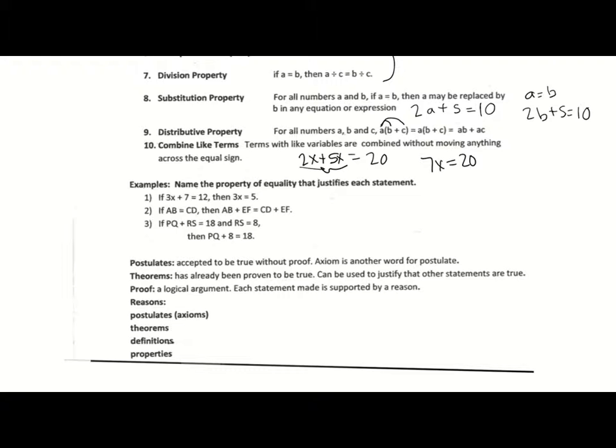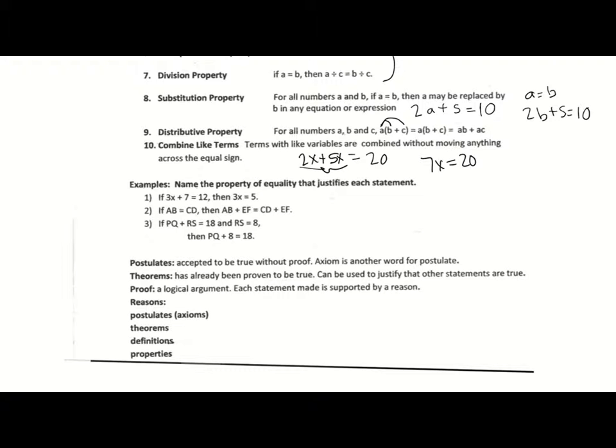Okay, so all these properties should be pretty familiar. We've been using them a lot solving equations. So now we're going to use those to practice naming the properties that justify each statement. So in number 1 here, we have if 3x plus 7 equals 12, then 3x equals 5.